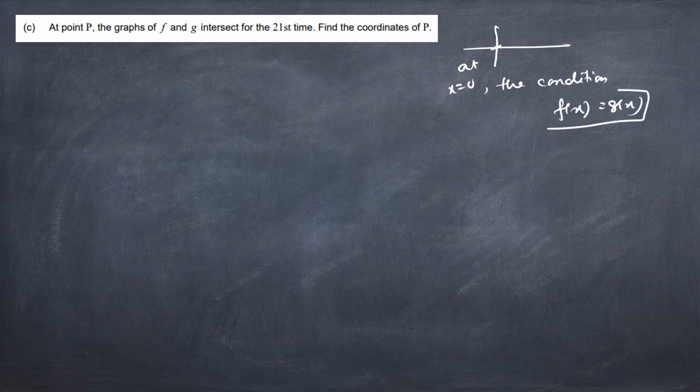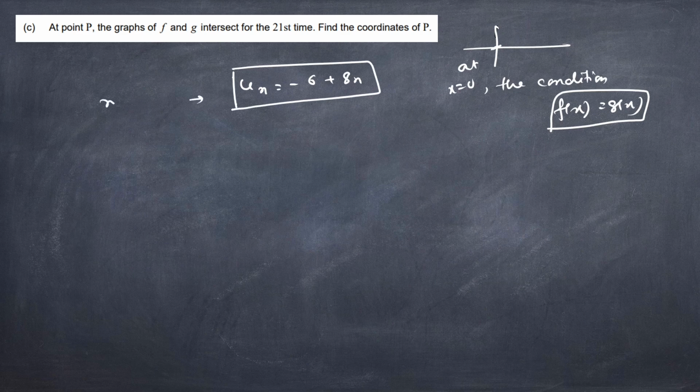So this was 1 0, and the equation that we have just made, that is minus 6 plus 8n, where n is the nth term, here we can only get non-zero x values.